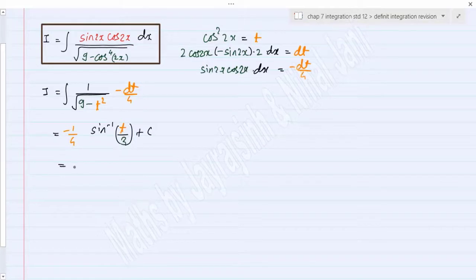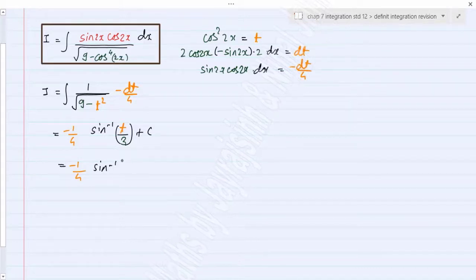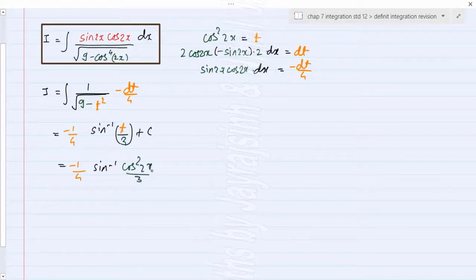And to get your final answer, we just have to put the value of t. So here we'll get sine inverse, instead of t, cos square 2x whole divided by 3, plus c is your final answer. Ta-da!